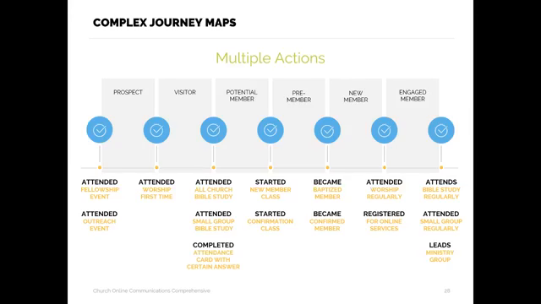We get that at my church, and it's not that they have started participating, but they say they're looking for a church home. I'm sure many of you have experienced that as well. And so, in that case, there may be 3 different actions that they take to get to that next stage. So it goes on from there.